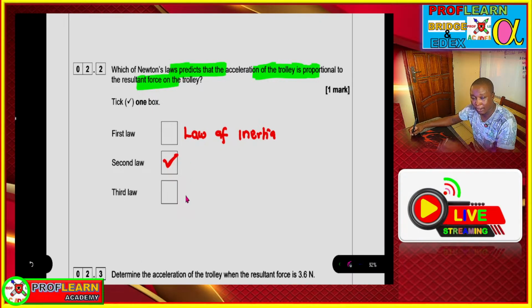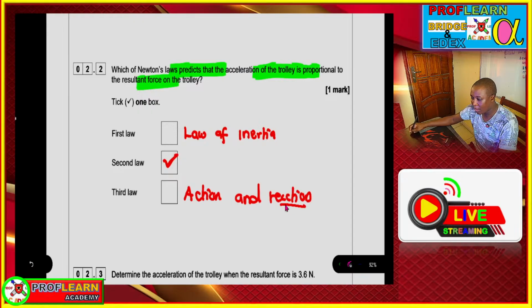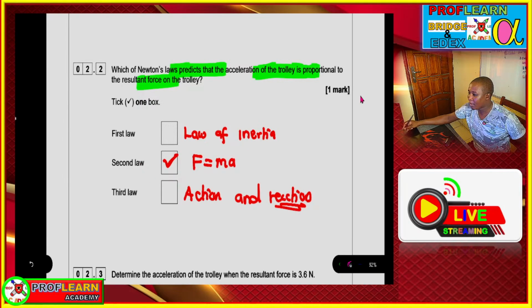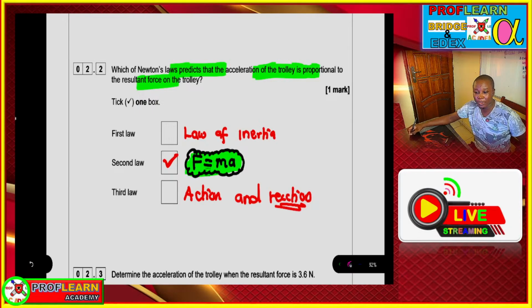The third law is that for every action force there is an equal and opposite reaction force. For the second law, force is equal to ma, which means acceleration is directly proportional to the force applied. If you apply a force on an object, it is going to accelerate.